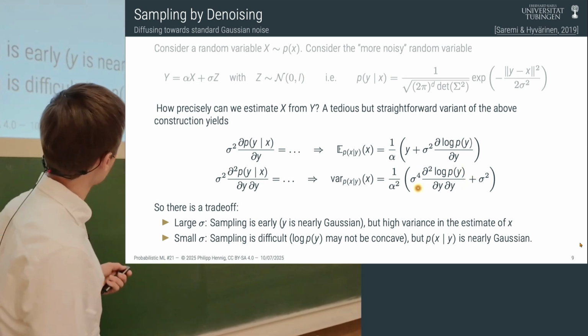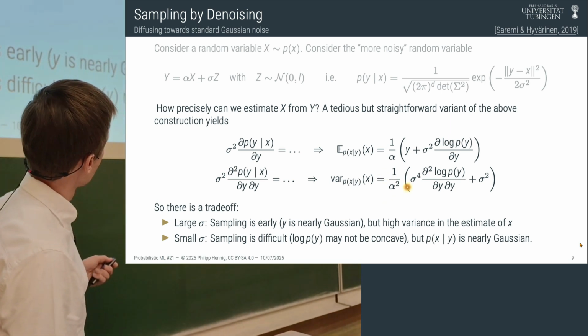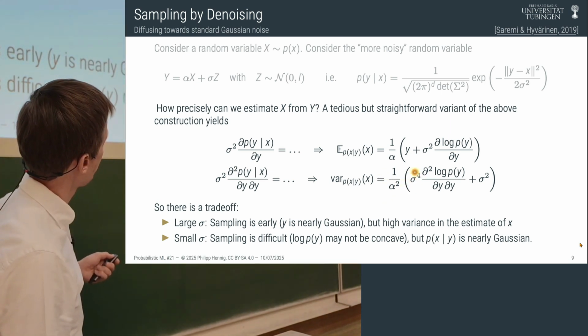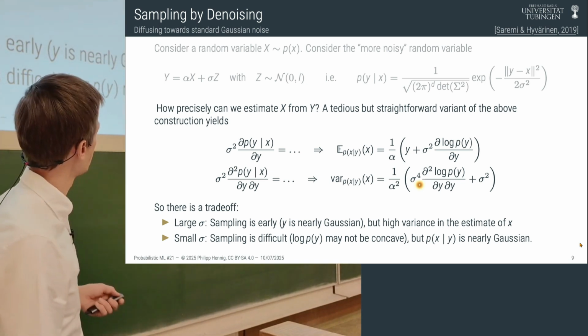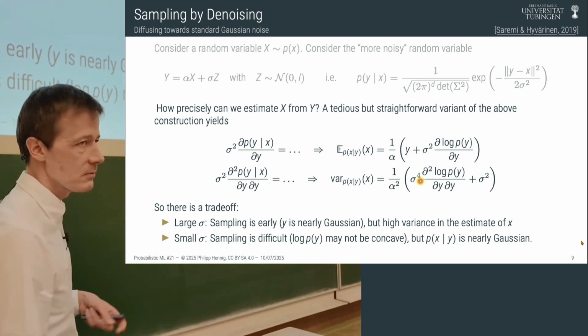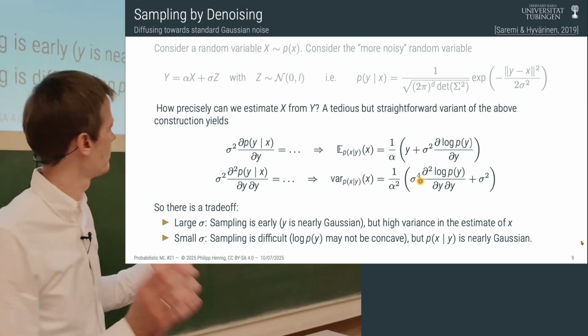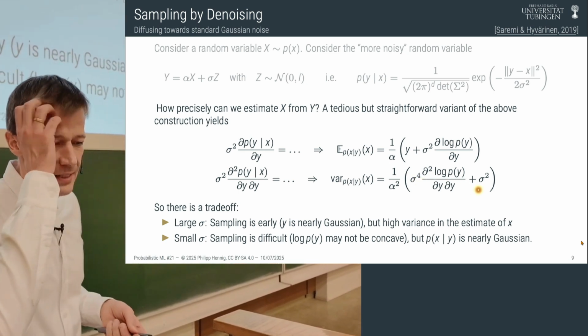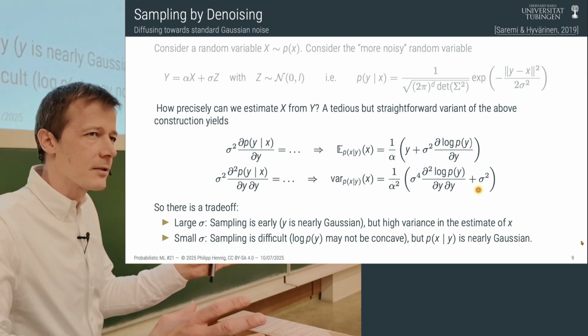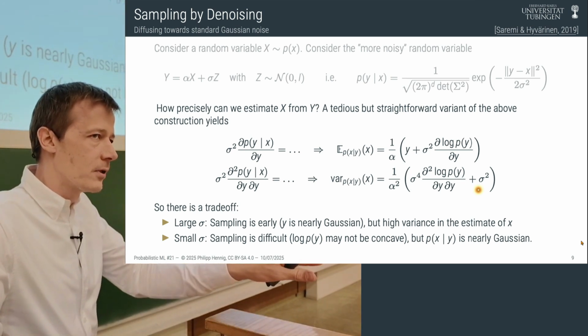And you can see that this variance, again, has an alpha. And now we get something in sigma to the 4 times the Hessian of the log of P, something like Hessians we've seen before in Laplace approximations and the Fisher information, plus sigma squared. And now that tells us that there is a trade-off to be struck. Let's see if I can make you follow on this.